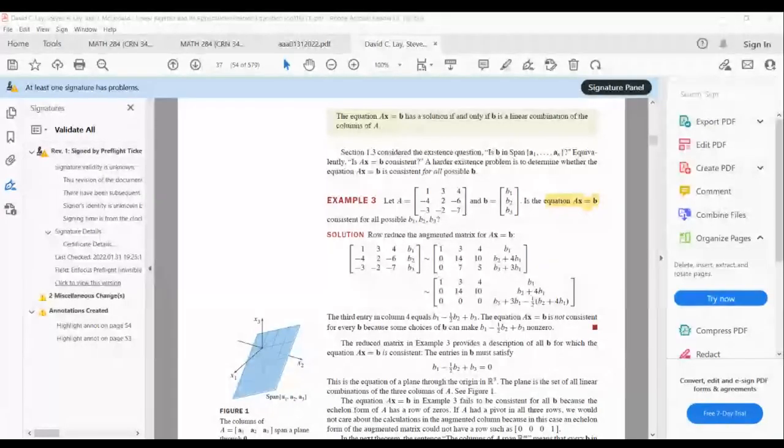So in this problem, example 3, they want to know if, given that matrix A, is the equation Ax equals b consistent for all possible values of b1, b2, b3? So it's the same as saying, do the column vectors of that matrix A span three-dimensional space?